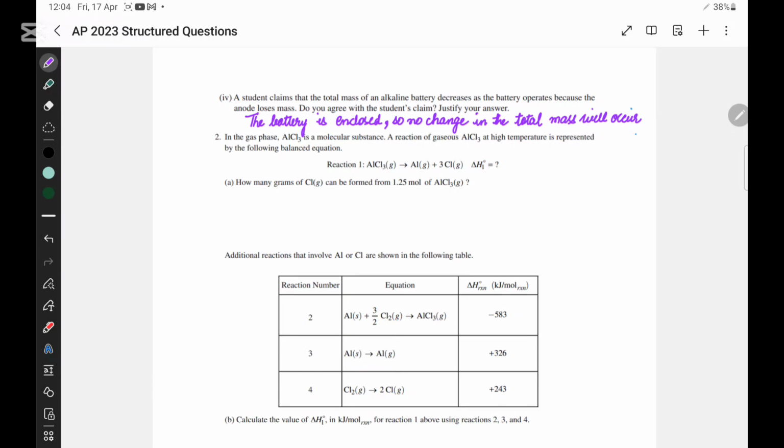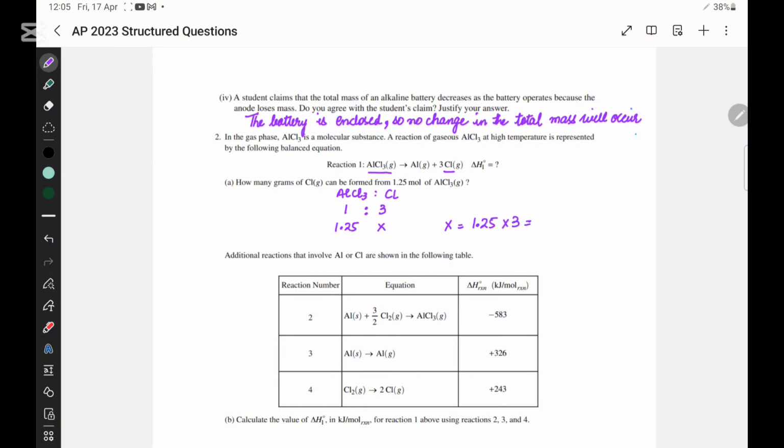Here you can see that AlCl3 and chlorine are there. From the equation, the ratio is 1:3 because it is forming 3 moles. If there are 1.25 moles of AlCl3, then that is going to be X. So X comes out to be 1.25 times 3.